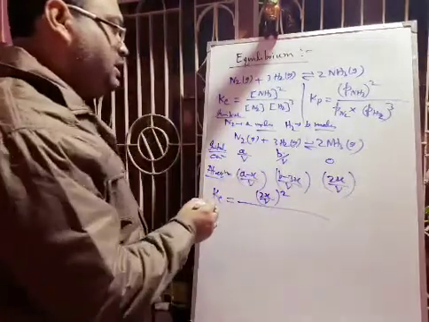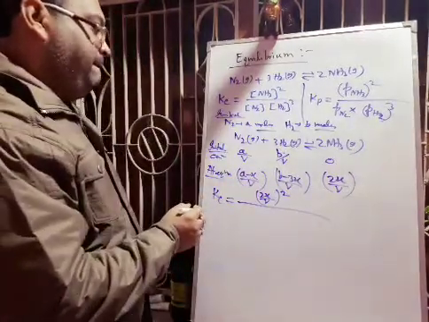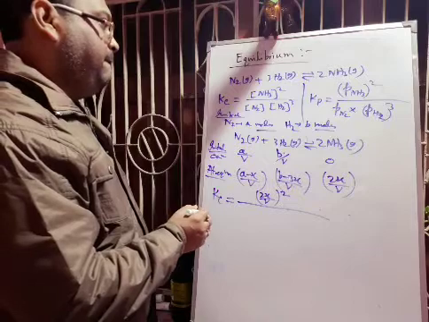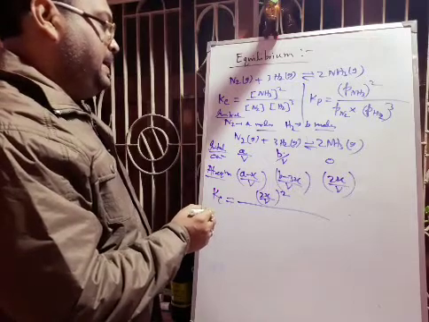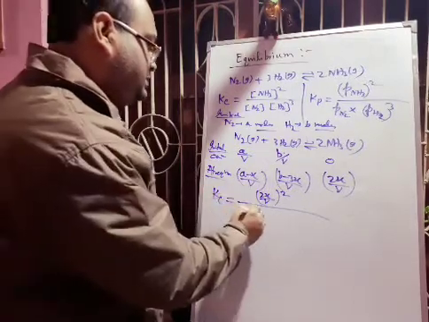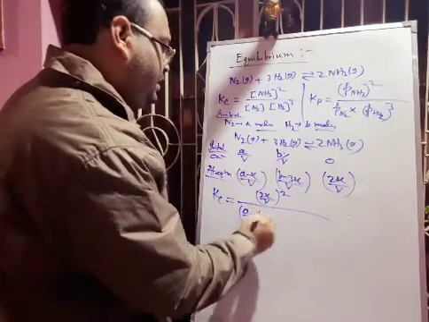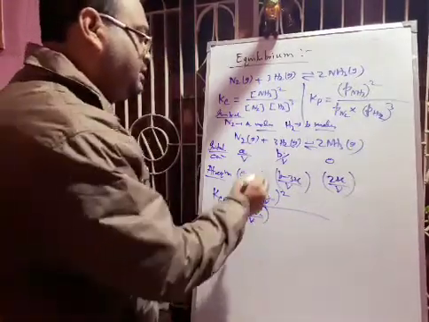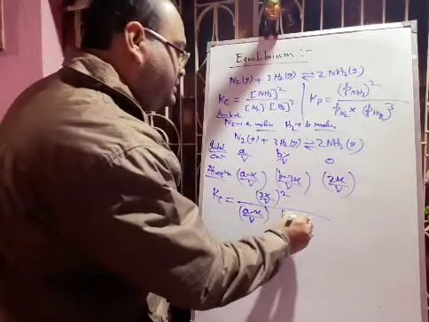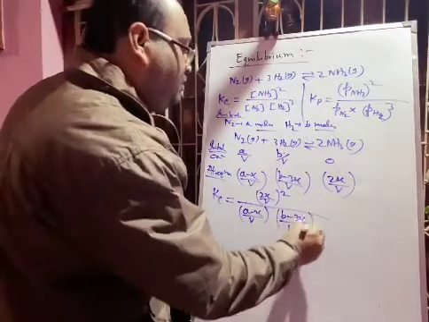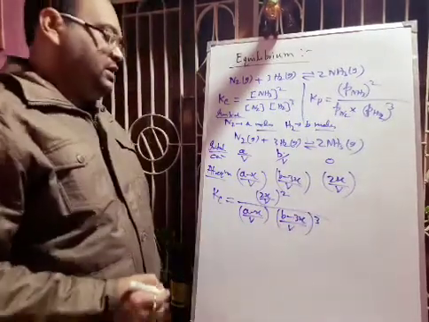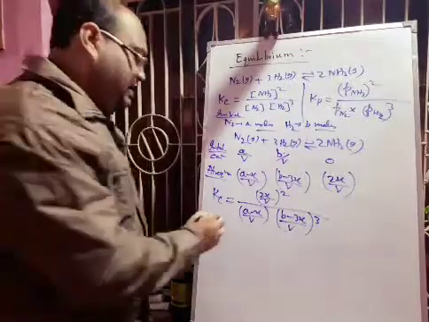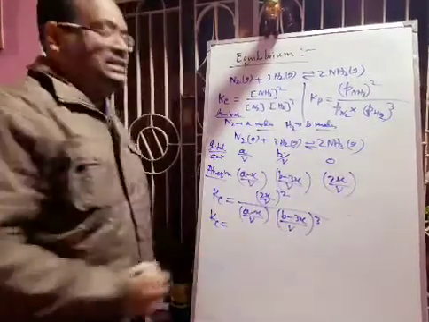Nitrogen is given what? Nitrogen is this one, A minus X by V, and hydrogen is B minus 3x by V whole cube. Okay. Now if you calculate, you will get the value of Kc.